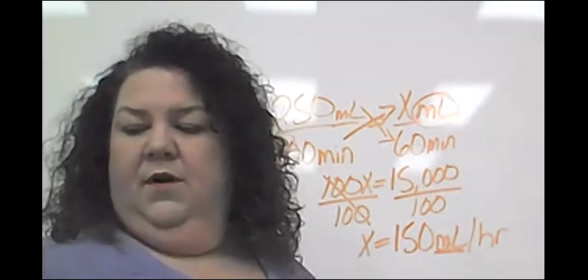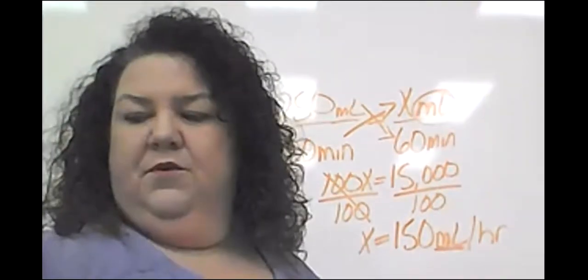Let's do another example. We'll do 21.13. Example 21.13, this is on page 329, says we have 500 milliliters of D5W, that's dextrose 5% in water, containing 1 gram of lidocaine hydrochloride that is to be given over 250 minutes. So what is the infusion rate in milliliters per hour?